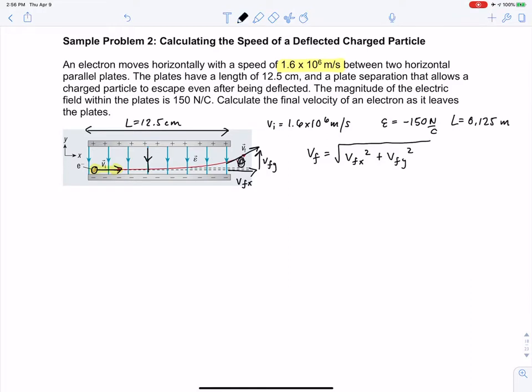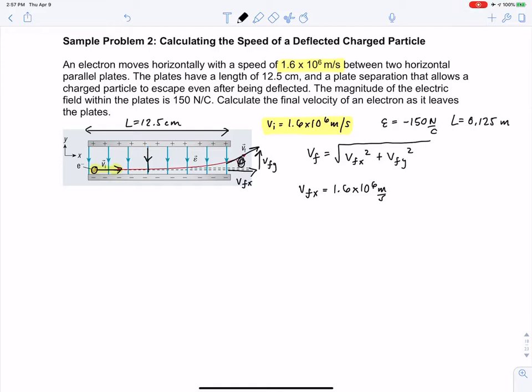Now, the horizontal component of the velocity will remain the same because what happens horizontally is independent of what happens vertically. This particle is going to travel horizontally with no acceleration in the horizontal direction, but it will accelerate in the y direction. So we know that the final x component, v final x, will equal the initial x velocity, or the initial total velocity in this case, because there was no y component, 1.6 times 10 to the power of 6 meters per second.